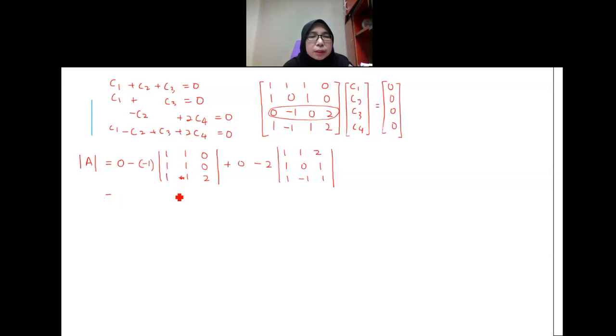You can choose either cofactor expansion or the other method, because this is 3 by 3. Here I got 2. I want to proceed with cofactor expansion, so this is my result.